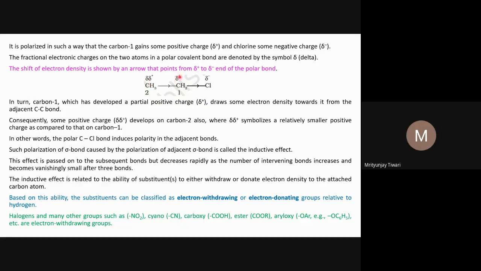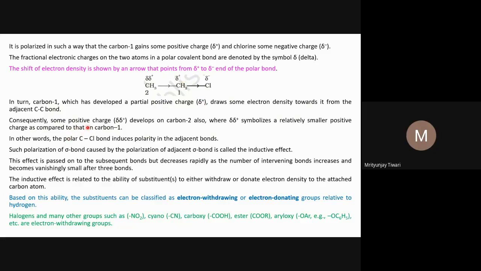Only if this is delta plus minus delta delta plus is the net charge of the entire system zero, because otherwise the net charge would not be correct. So usually we should also show that, but you should understand that it is not necessary to show this delta plus minus delta delta plus.